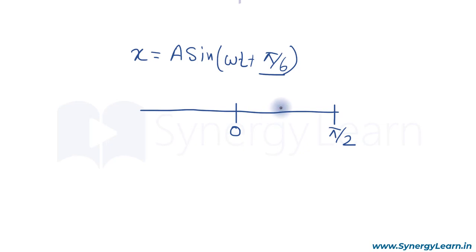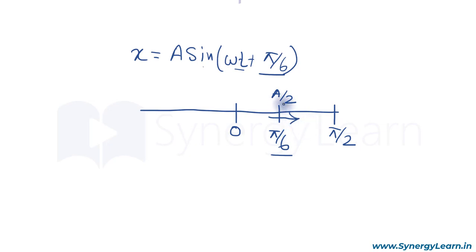That is, the particle lies to the right of the mean position, and if the phase is pi by 6, that means initially when time is 0, then sine pi by 6, which is 1 by 2, gives x equals to a by 2. That is, initial phase of pi by 6 reflects that particle is at a by 2, and since pi by 6 is less than pi by 2, therefore the particle is moving towards right.